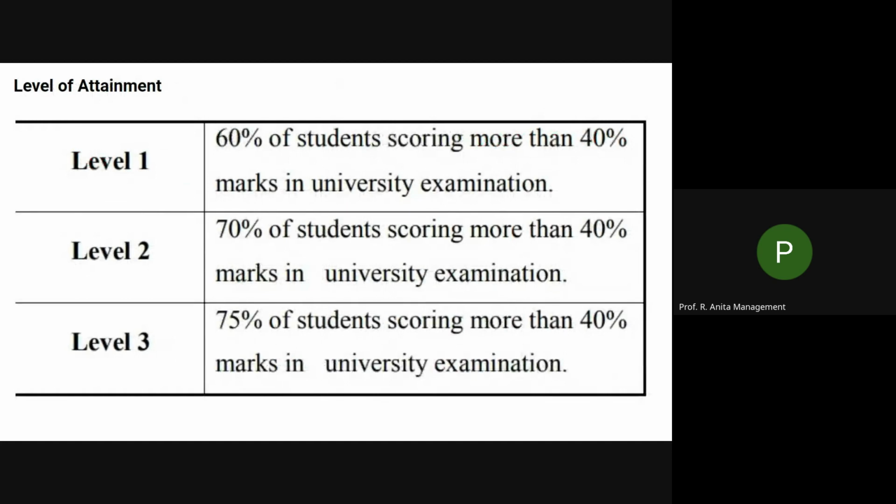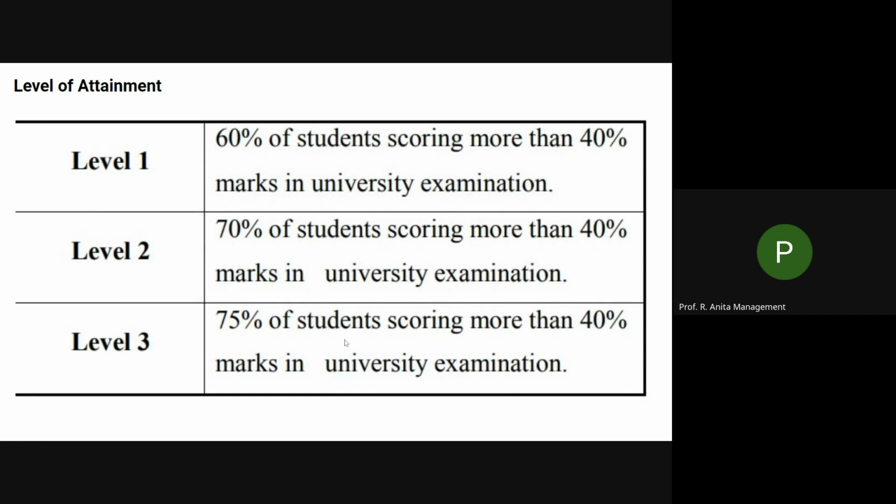Now, the level of attainment can vary from college to college and university to university, and you can specify your own levels. Suppose we say a student has to achieve a level of 3, it means that 75% of students score more than 40%, and then the highest level is achieved. Whether all the students have achieved level 3, we need to evaluate and check.